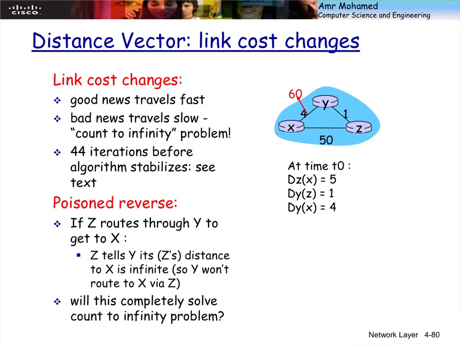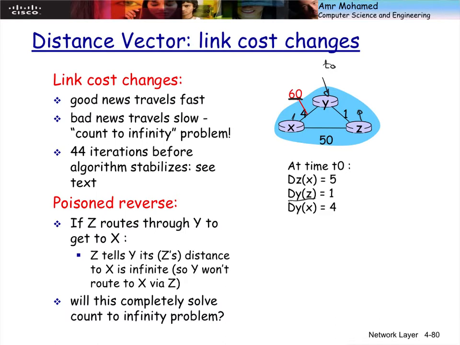In order to see why this happens, at time 0, we need to know exactly the distances that are stored in node Y. So assume that node Y is the node that will get triggered when this link price becomes worse. At time 0, node Y has certain distances, which are coming from Z and from X and from its own self.